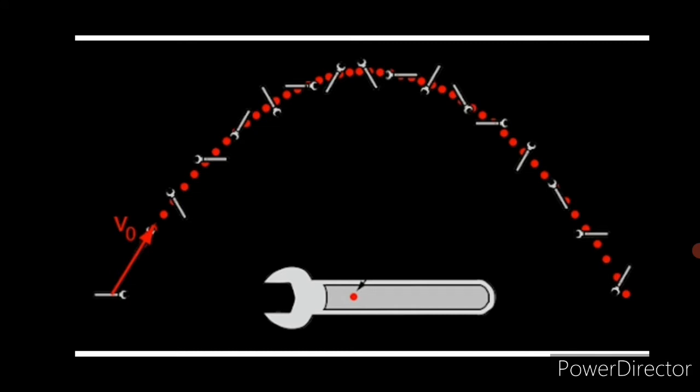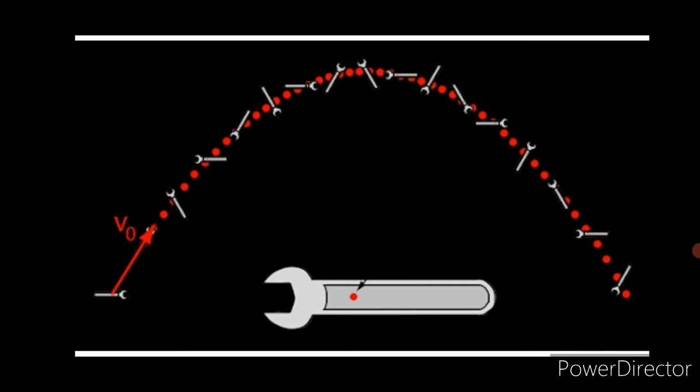So the particles inside the wrench are having some complex movement, but the center of mass is the same. Within the wrench, the center of mass is at rest.